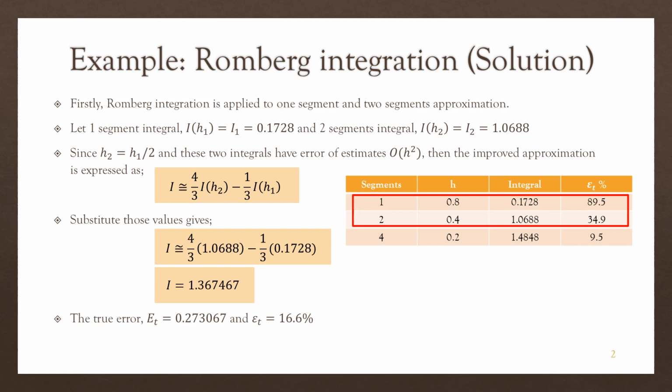And then we combine them using Romberg integration, we get a new estimation with a very low error compared to the other two integrals, which is 16.6%.